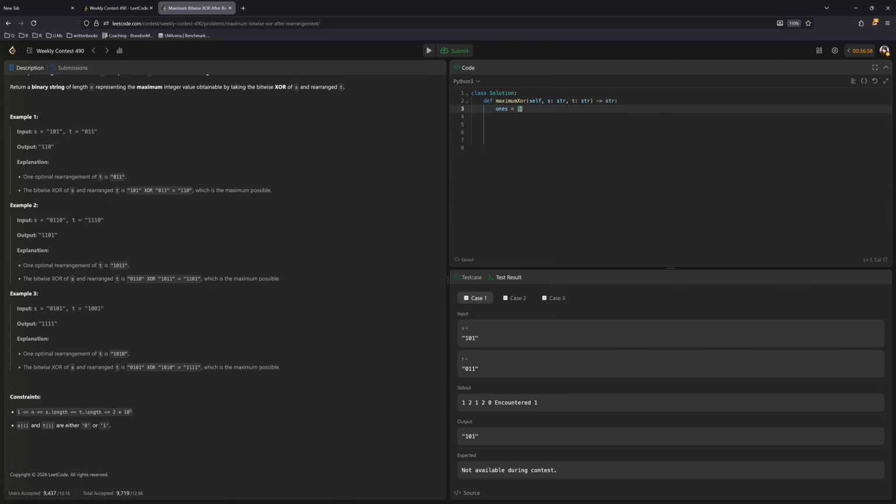So ones equals... Okay. O equals str of I, right? Str of s. So ones is I for I in range length O if O of I equals 1. And then zeros, and these are sorted, right?